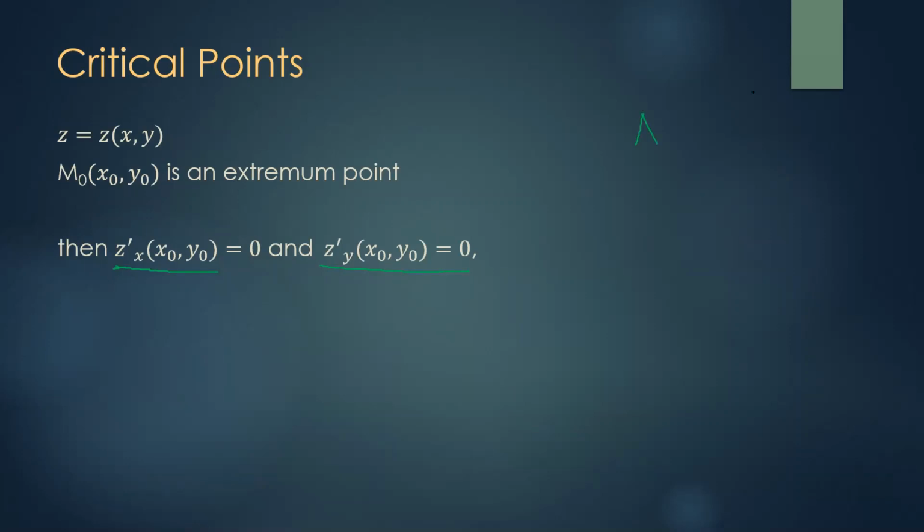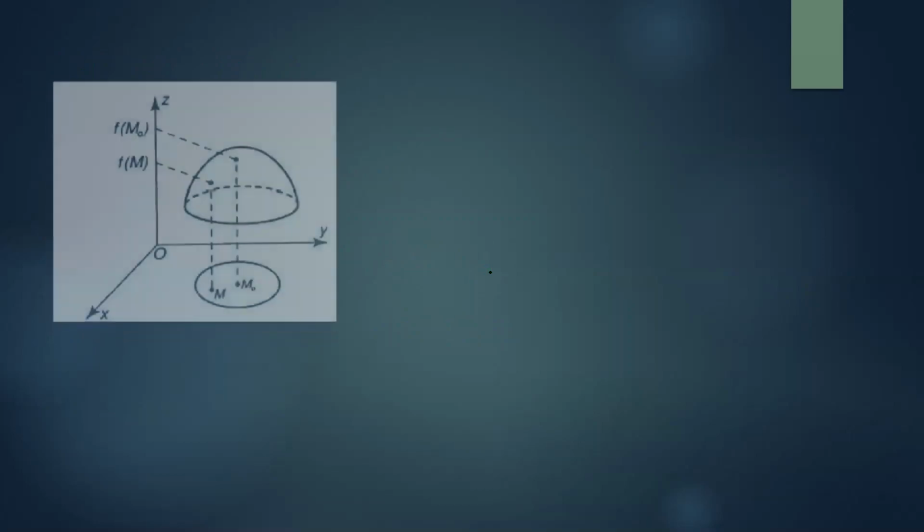But we will only consider these stationary points, only these horizontal extremum points. So the partial derivatives might not exist, but we will be mostly interested in these. The thing is that, of course, it might be possible that the partial derivatives are zero, but it's not an extremum point. Let's have a look.